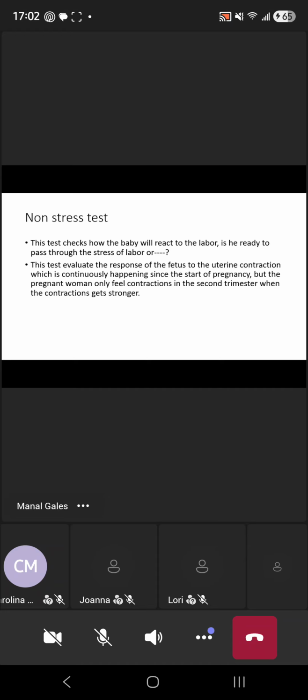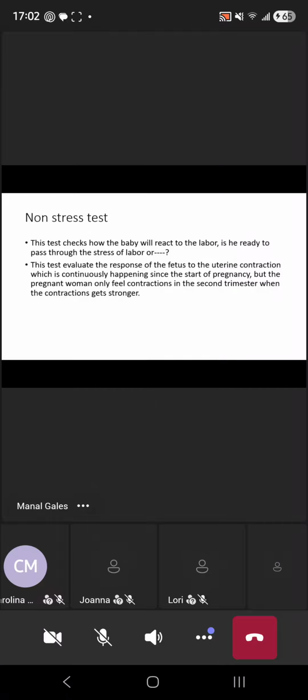So they will stimulate the movement of the baby. They might have some sounds near the mom, so the sound might make the baby start moving. They want to monitor the heart rate while the fetus is moving. What do you think?